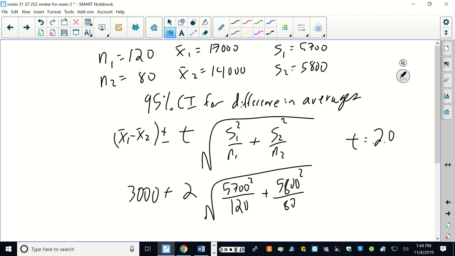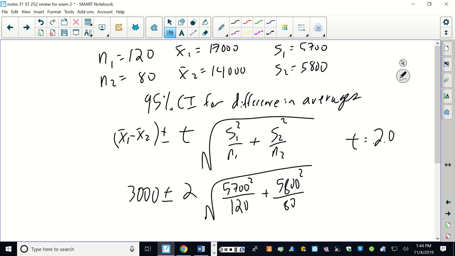That would give a 95% confidence interval. Calculate the standard error, multiply it by 2, subtract it, and add it, and you get that other one.